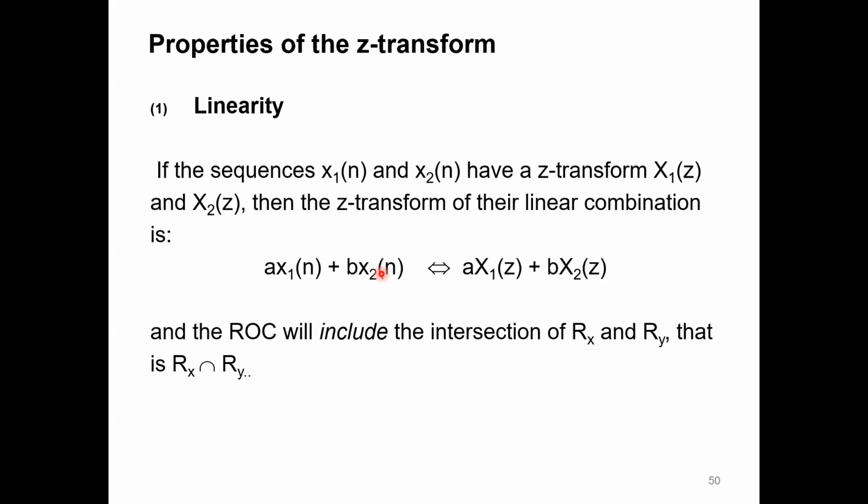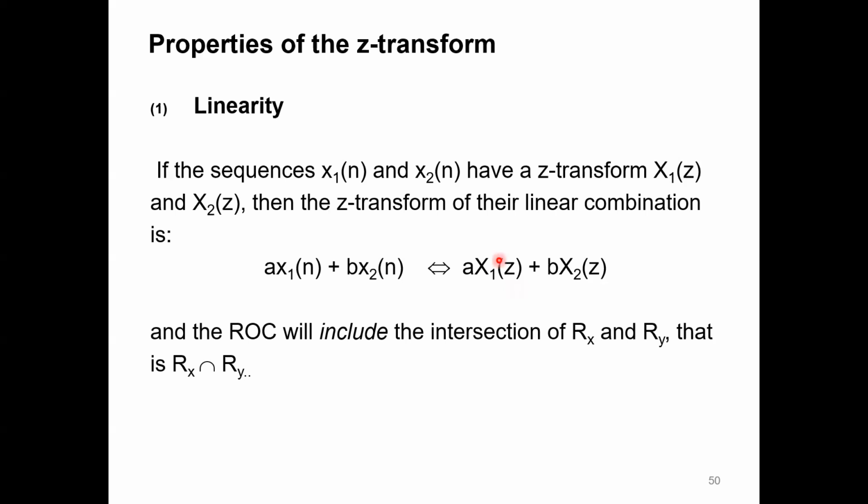So you don't have to go back and work it out from first principles, but instead, if you have already calculated x1 and x2, their z transforms like X1(z) and X2(z), you can combine them as shown here, multiply with the constants a and b and add them together, right? So this is what is called the linear property of z transforms.